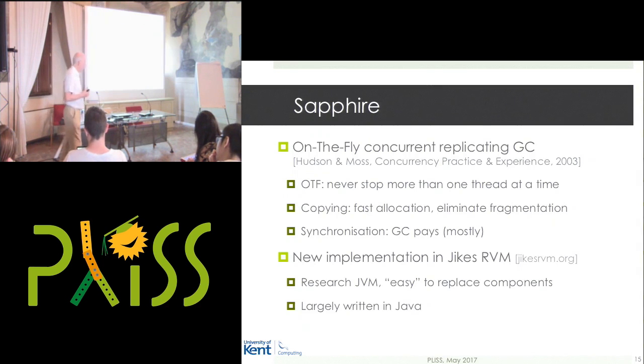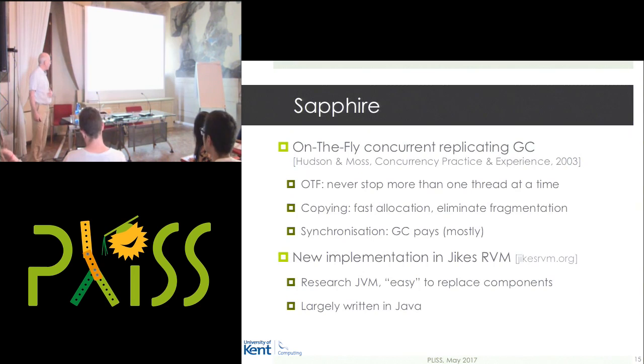Although obviously there are a few bits right at the bottom which use plain C. Jikes RVM has been hugely useful to people doing this kind of virtual machine research because it's designed for research. It's designed to be easy to replace components. And it's great credit to the people behind that they built that system for the rest of us.